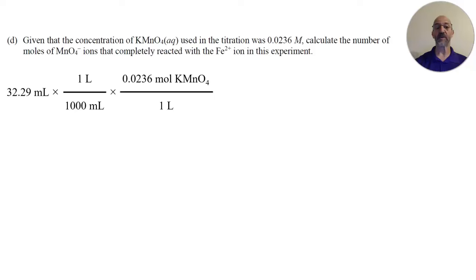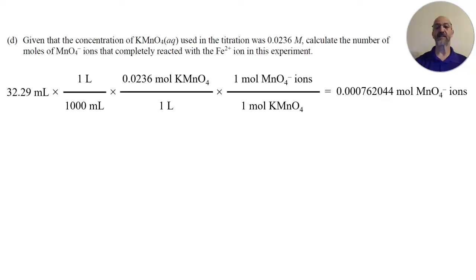So when you do volume in liters times the molarity, which is moles per liter, you can calculate the number of moles. And potassium permanganate has 1 mole of permanganate ions for every 1 mole of potassium permanganate. So 32.29 divided by 1,000 times 0.0236, that gives me 0.000762044.